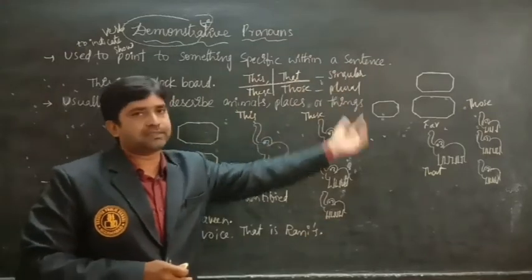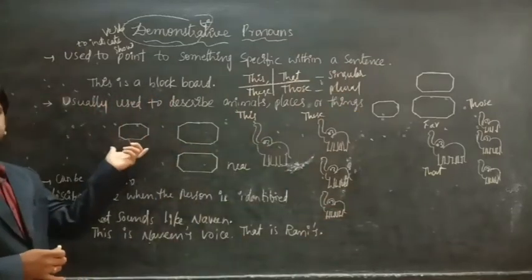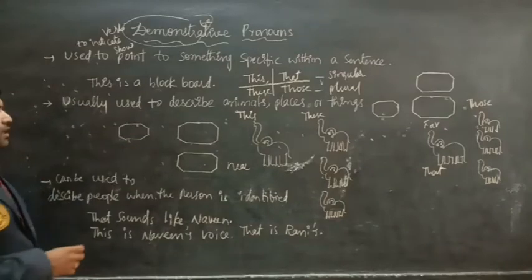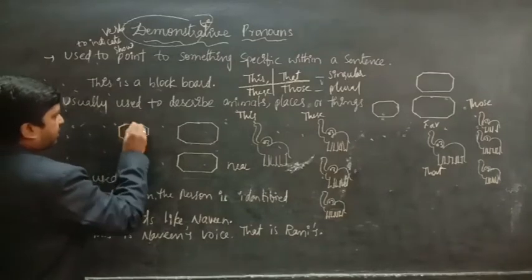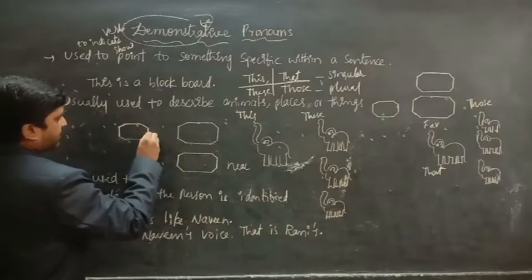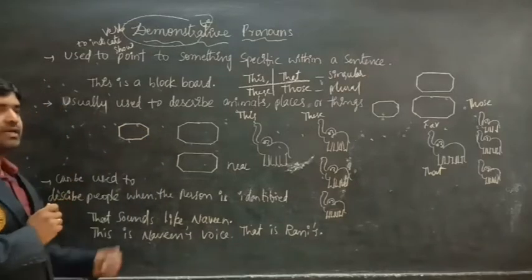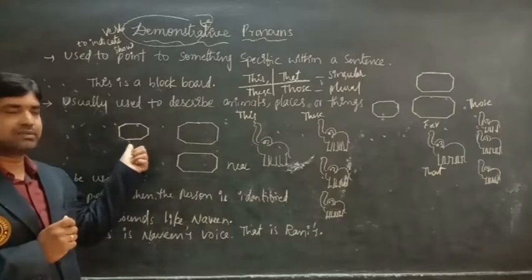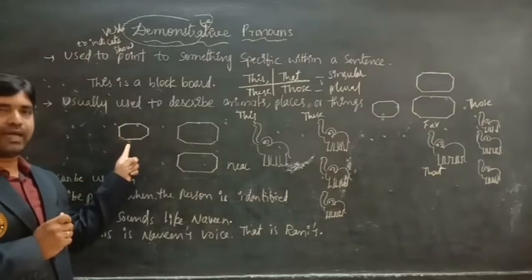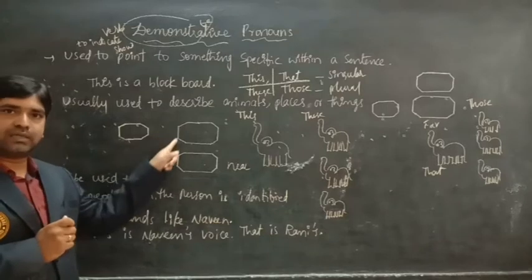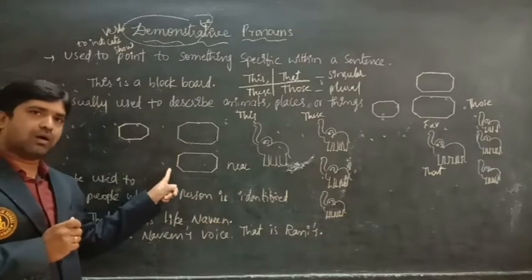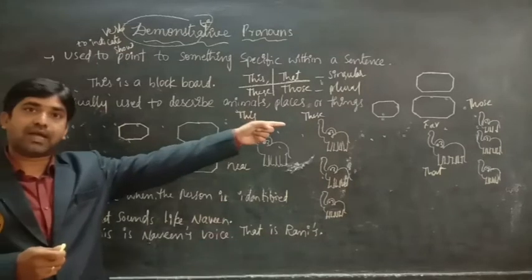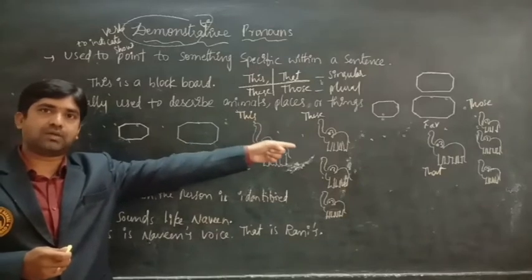Here, take the things. See the example. What is this? It is a particular shape. By seeing this, we said that this is a hexagon. These are hexagons. Here, that is a hexagon.